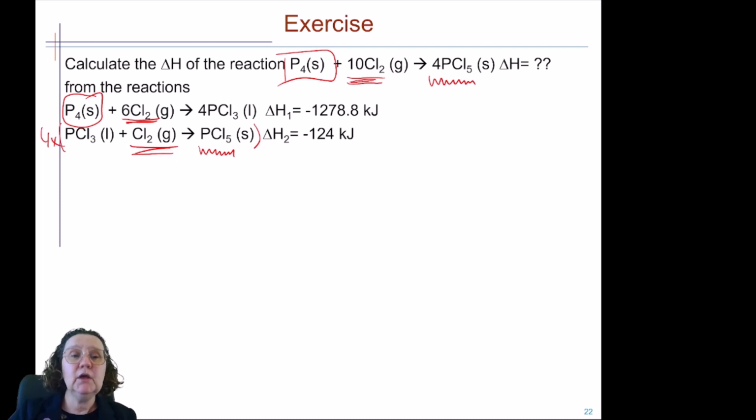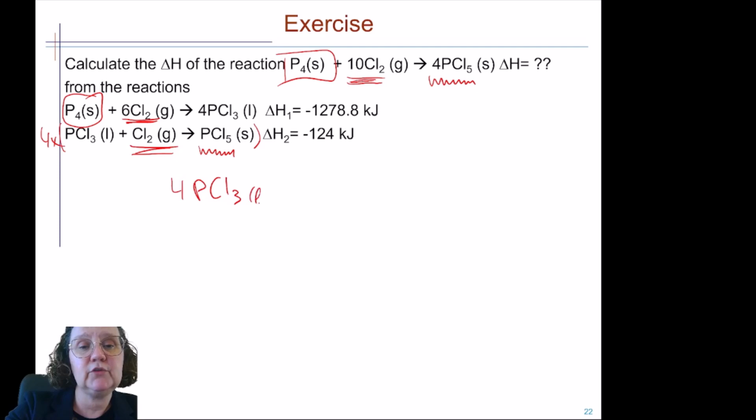That 4 applies to the whole equation. So I need 4 moles of phosphorus trichloride in liquid form. I need 4 moles of Cl2 in gas form to produce 4 moles of phosphorus pentachloride in solid form.